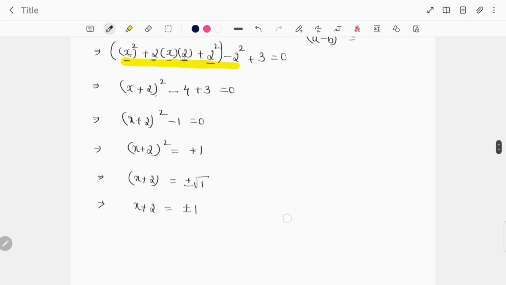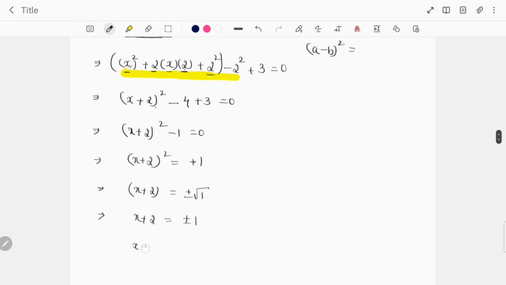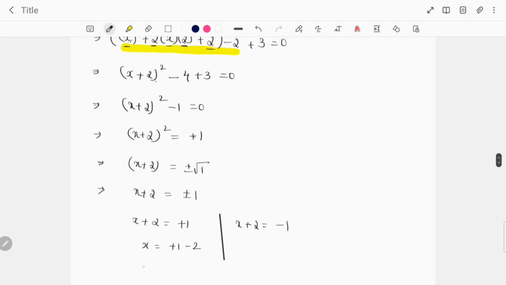Now we can write two ways here. x plus 2 equal to plus 1, and x plus 2 equal to minus 1 also. From the first, x equals 1, and plus 2 goes to that side as minus 2, so x will be minus 1.